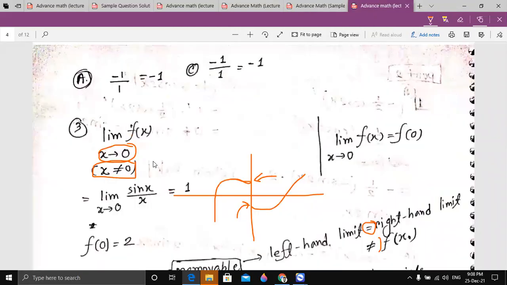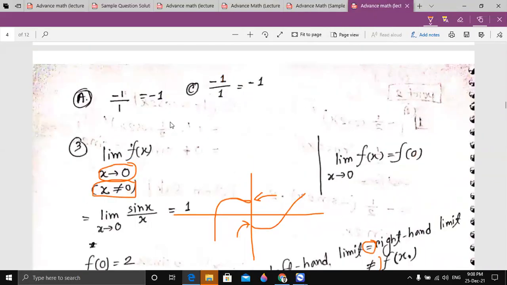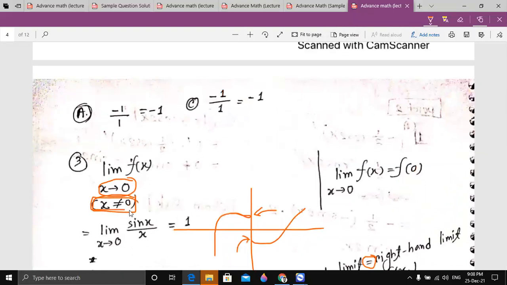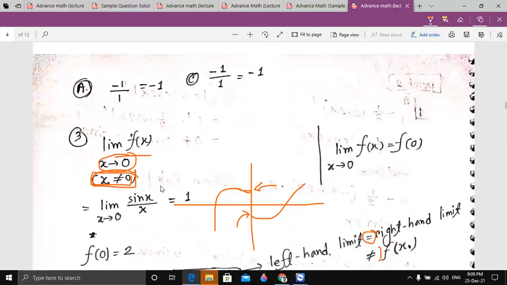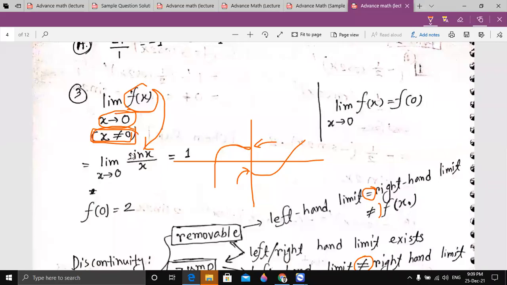So I can write this way: limit x tends to 0, where x is not equal to 0, f of x. Okay, so we just take our function here, sin x by x.